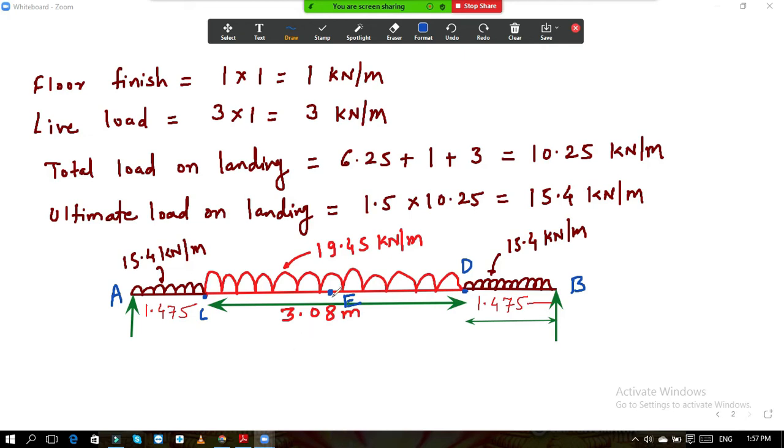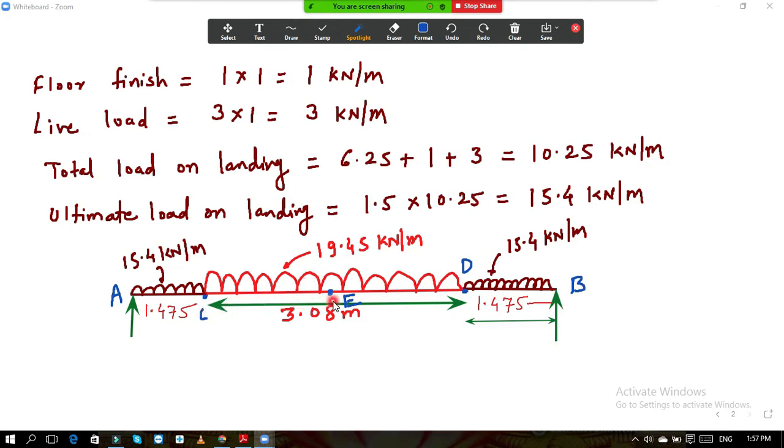So now what is the distance of this E from A? A end पासून E चे distance किती असणार आहे? So if this total from C point to D point is 3.08, then from C point to E point, it is half of this. So it will be 3.08 divided by 2, it is 1.54.